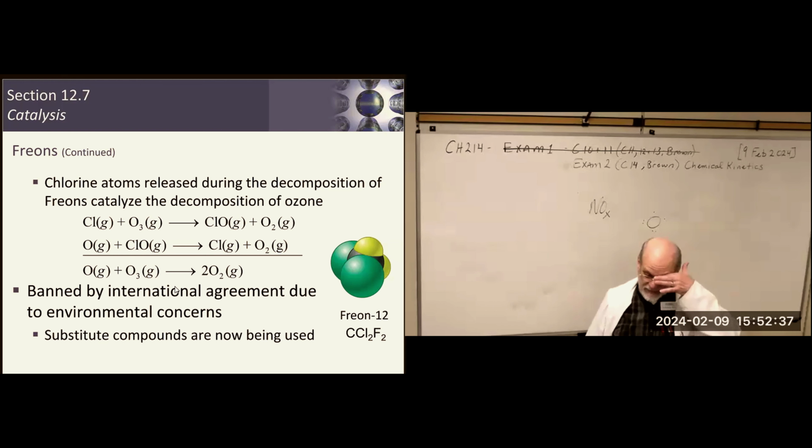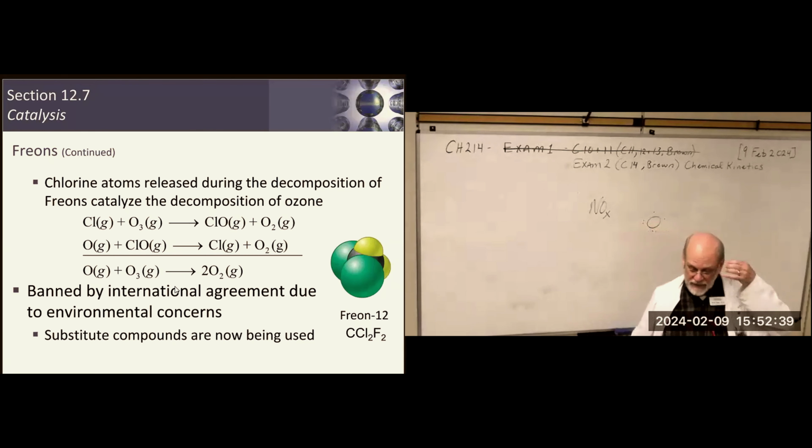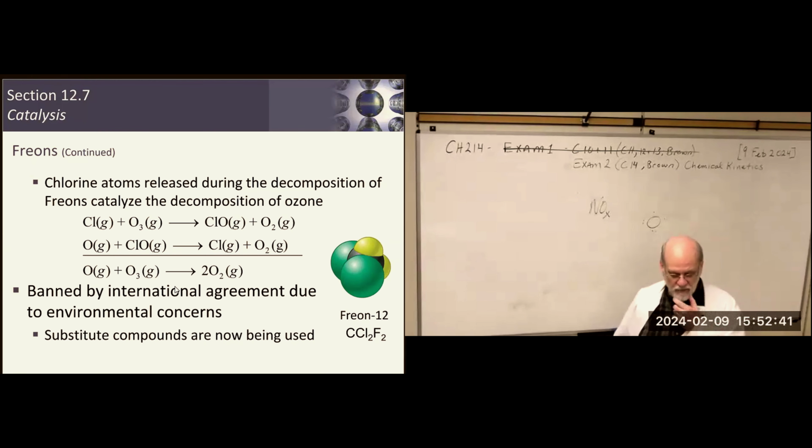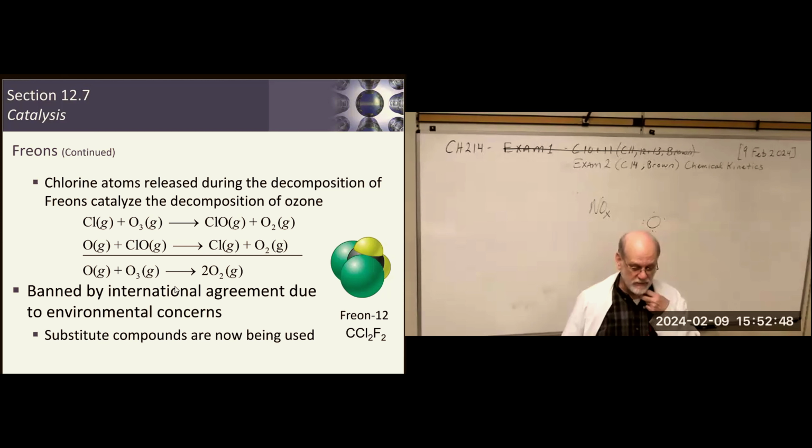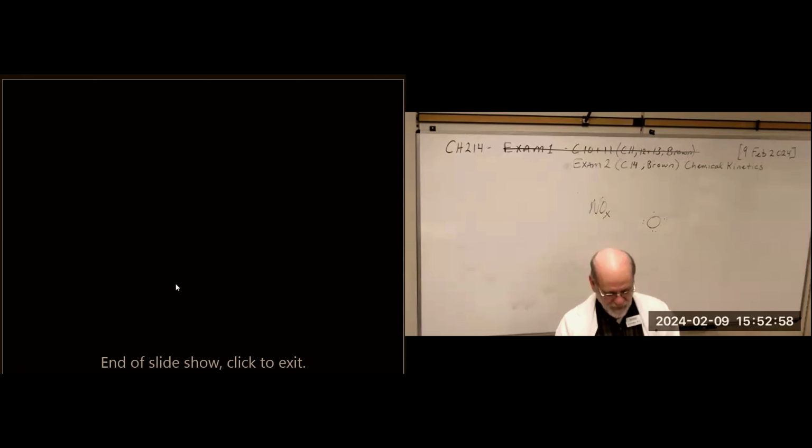So that's why at least the simpler freons, like freon 12, were banned. And later on, some of the other freon substitutes were banned also. We're trying to find a freon that would work in refrigeration systems, but would not damage the ozone. Okay, that's the end.